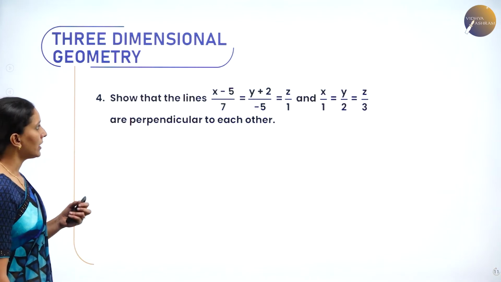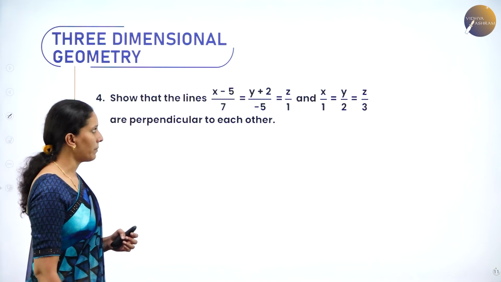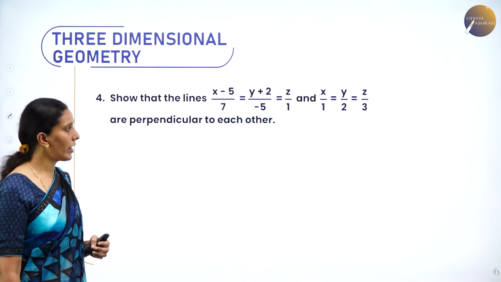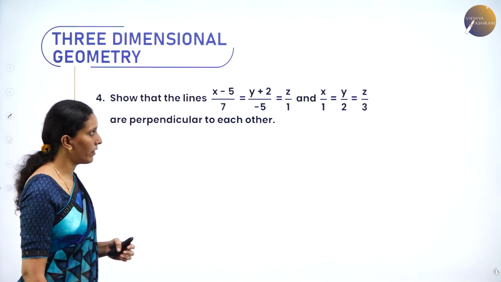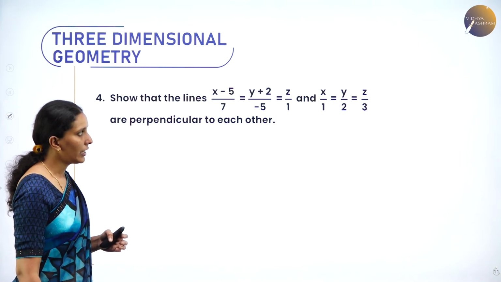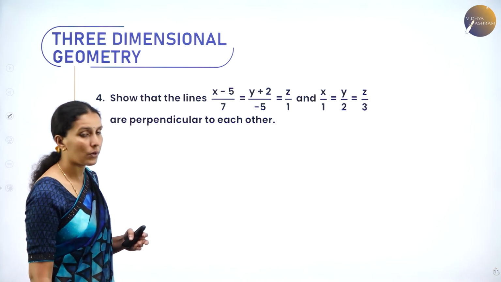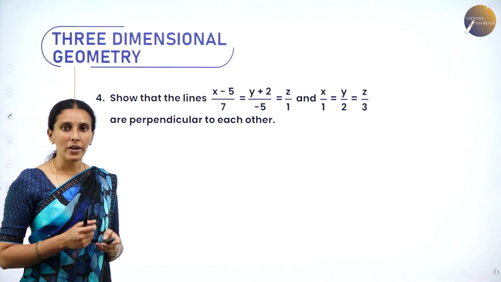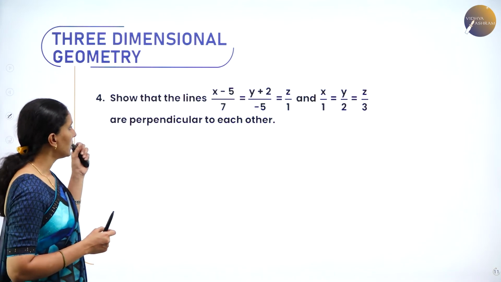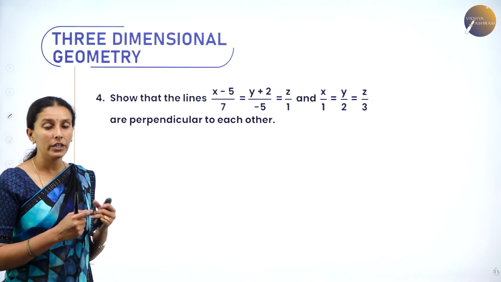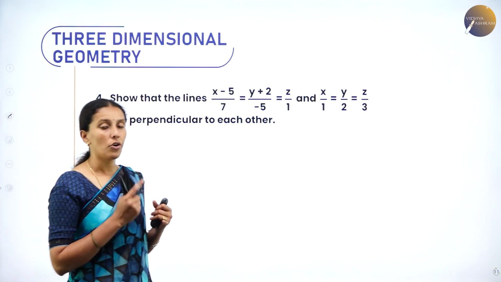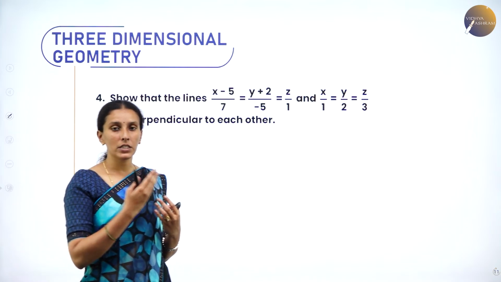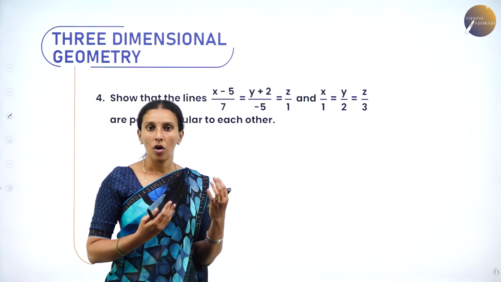Next, show that the lines x minus 5 by 7 is equal to y plus 2 by minus 5 is equal to z by 1, and x by 1 is equal to y by 2 is equal to z by 3 are perpendicular to each other. I already said that to show that two vectors are perpendicular, we need to show that the dot product of the two lines whose direction ratios are a1, b1, c1 and a2, b2, c2 is 0.